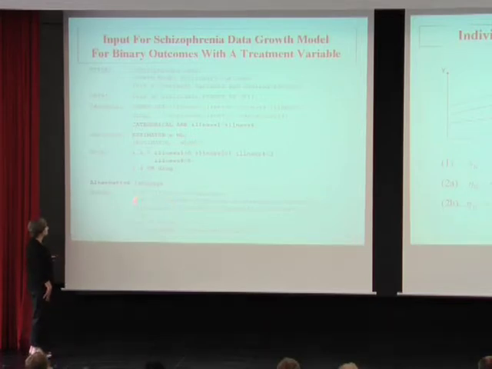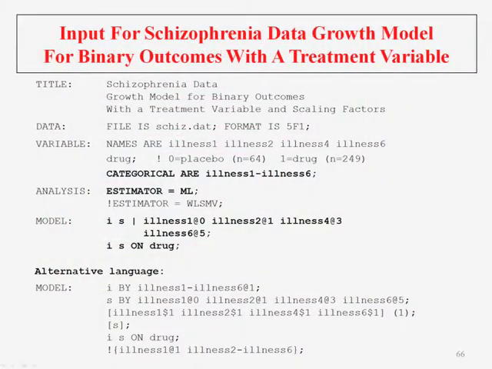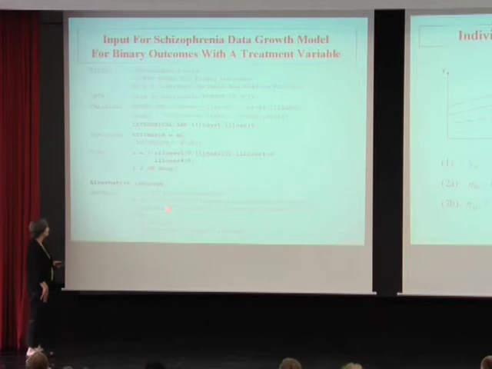Another part of the growth model, and we're looking at the categorical growth model. There are two different parameterizations of the growth model that are used in Mplus. One is for continuous outcomes, and the other is for categorical outcomes. And so for categorical outcomes, we hold the thresholds of the outcome equal across time.